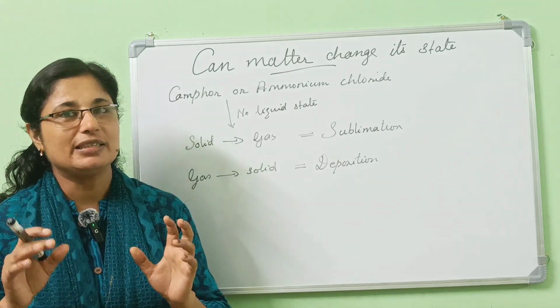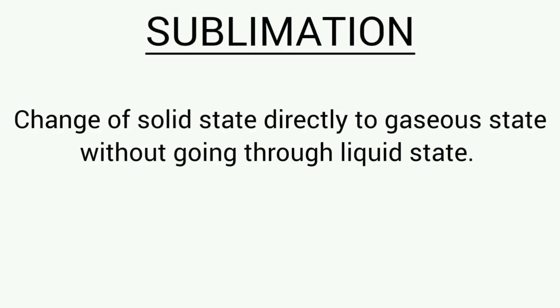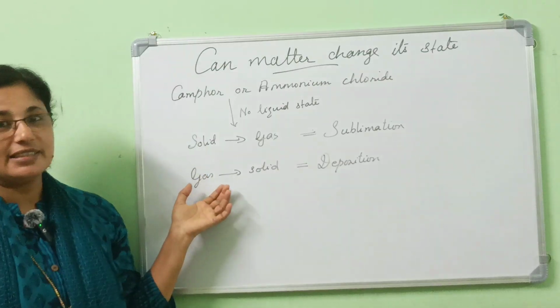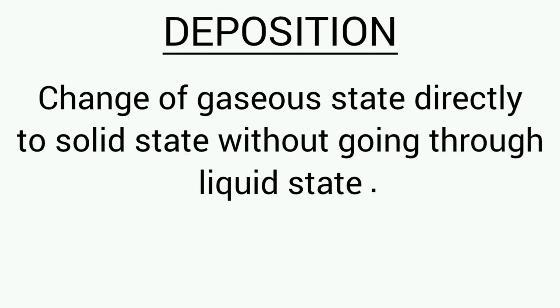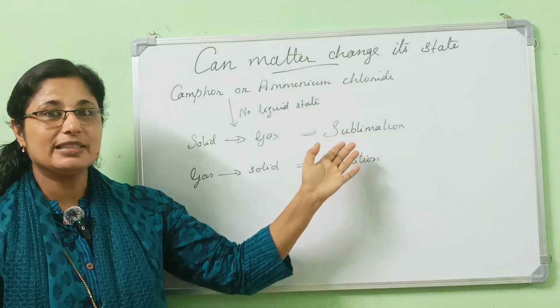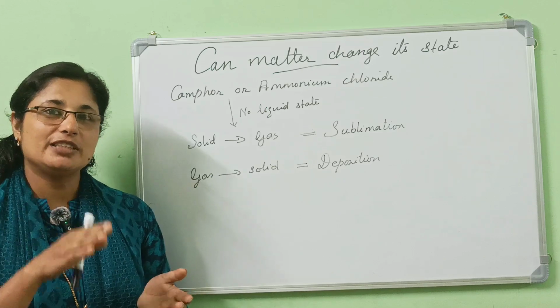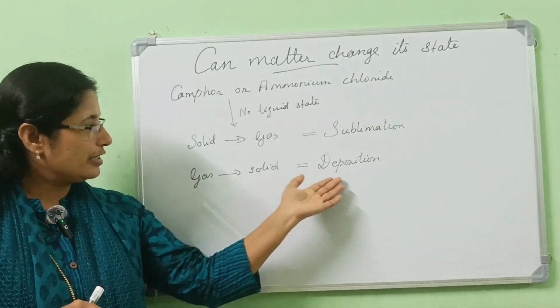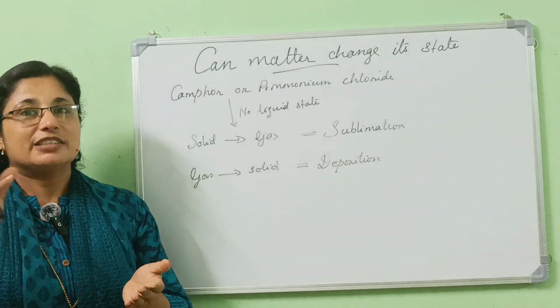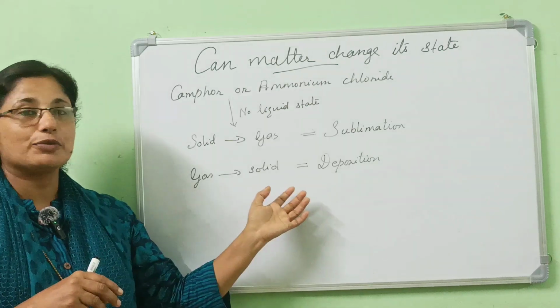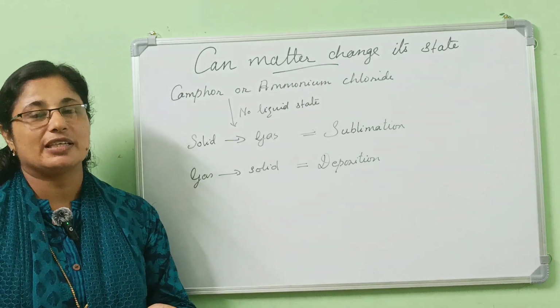So what is sublimation? It is the change of solid state into gaseous state without changing into liquid state. And if the gas changes directly back into the solid without becoming liquid, it is called deposition. Deposition is the change of gaseous state directly into solid state without becoming liquid state.